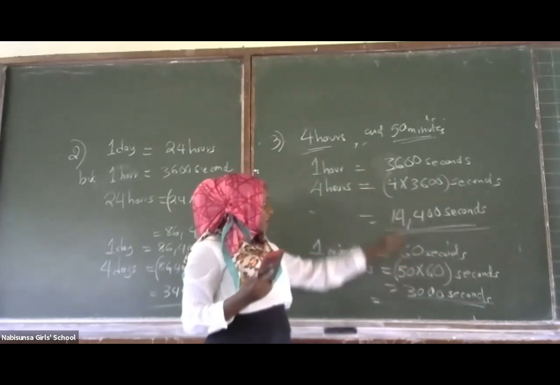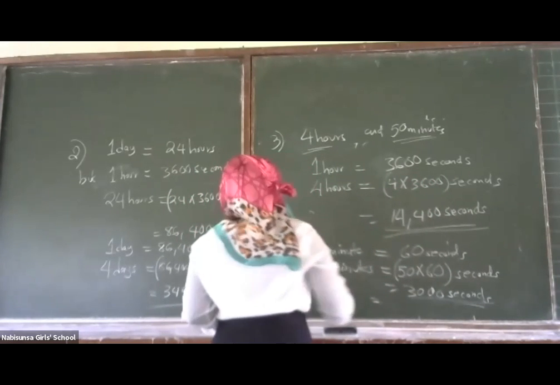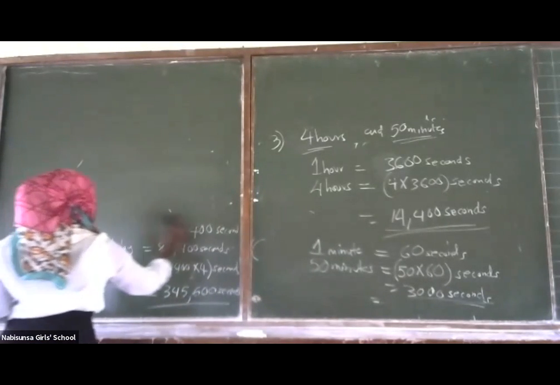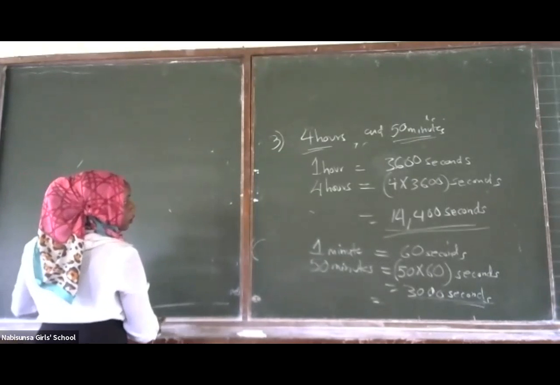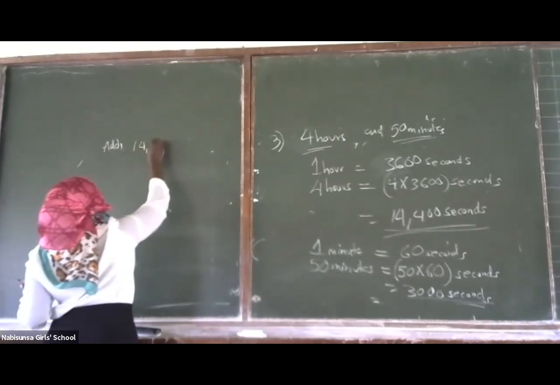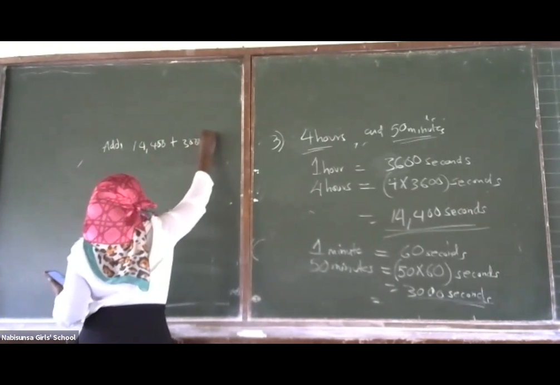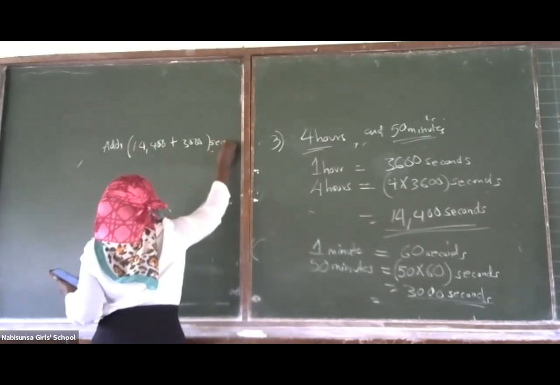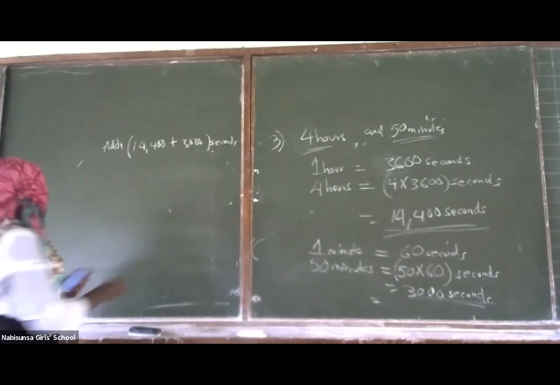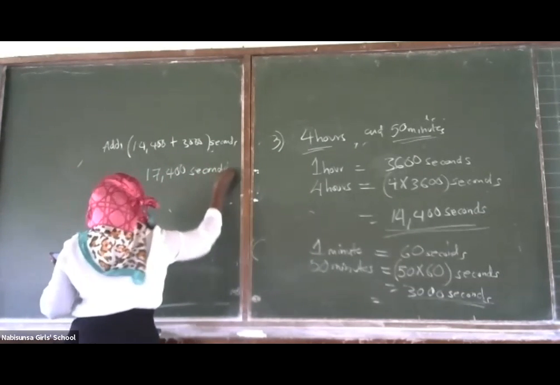So now can we add the total here for the hours and minutes? When we add 14,400 seconds plus 3,000, all in seconds, we get the total, 17,400 seconds.